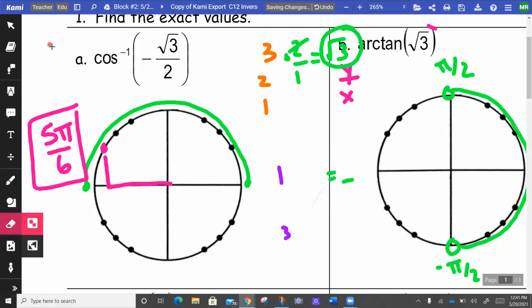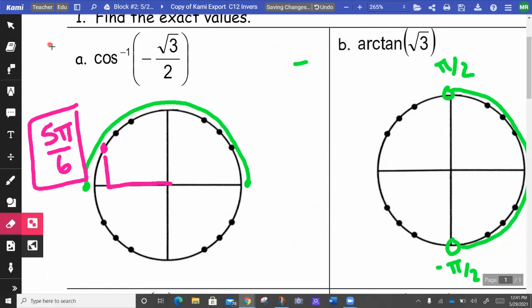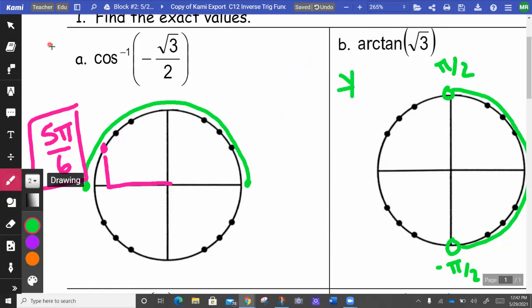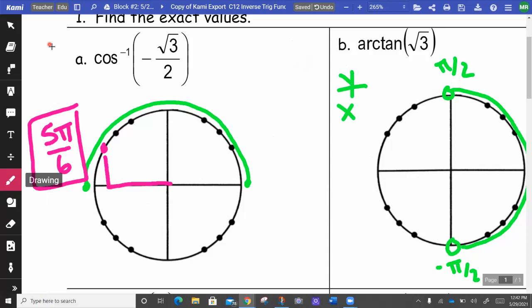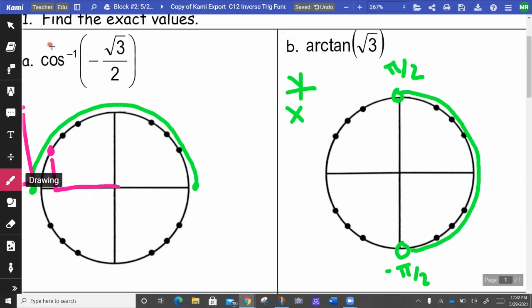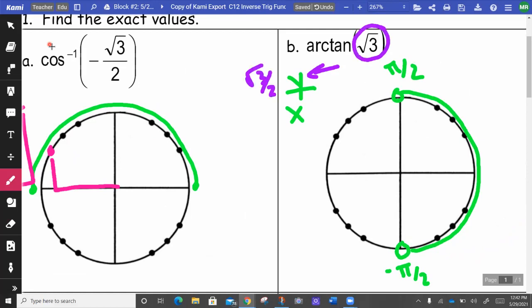Sorry, I want it in the numerator, I apologize, because I want a root 3. So I want my root 3 halves in my numerator, which means my 1 half is going to be in my denominator. So that's going to be short, comma, long. I'm going to be here, which is at pi thirds, and that is our answer.